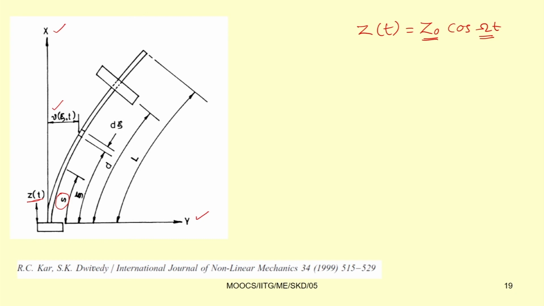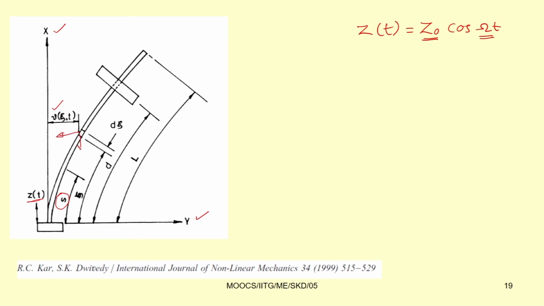So, if I am writing in terms of D'Alembert principle, then we can find the inertia force. For the small element, the inertia force will act along this direction and along this direction.